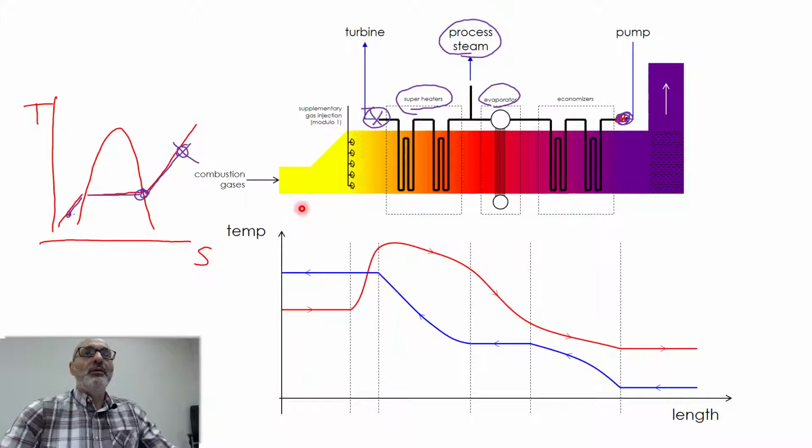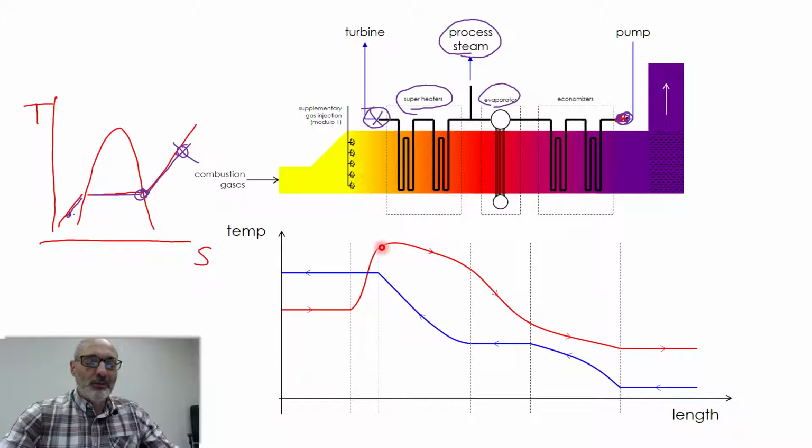When we follow the temperatures experienced by the combustion gases, supposing that we're burning a small amount of fuel in order to increase temperature, you have hot gases here, let's say 400 degrees, for instance.